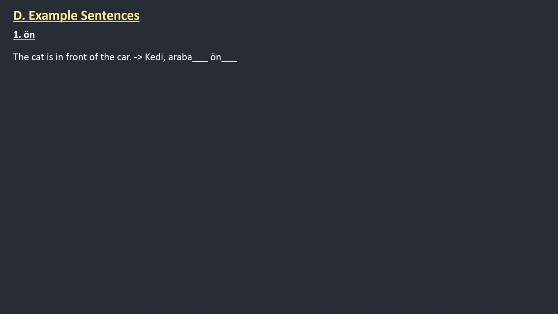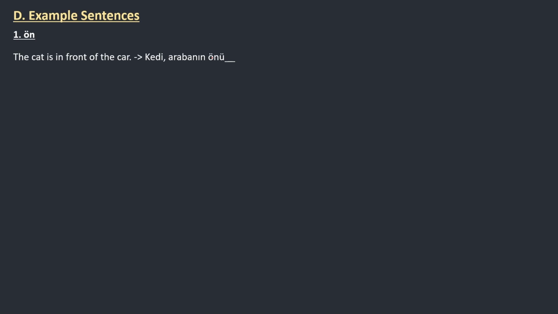Araba and ön, like car front. Now I need to say the car's front, or the front of the car. So I'll go with nın and ü. Now what I said is just saying front of the car. Arabanın önü.